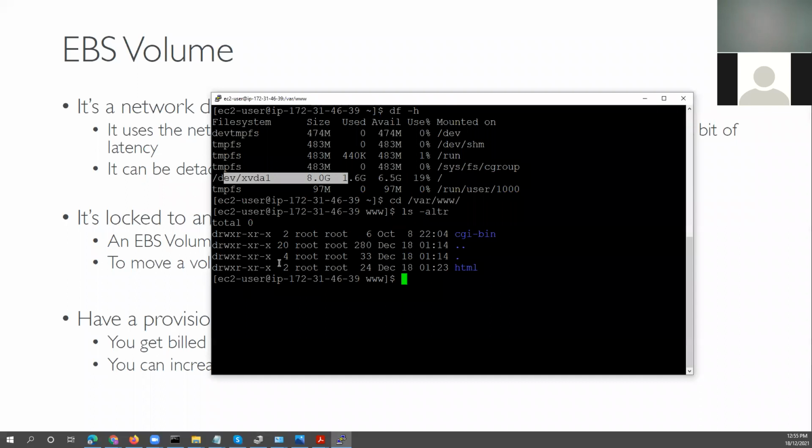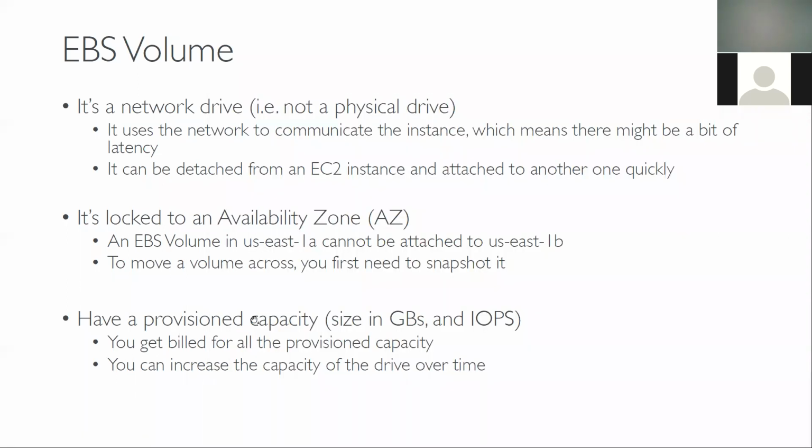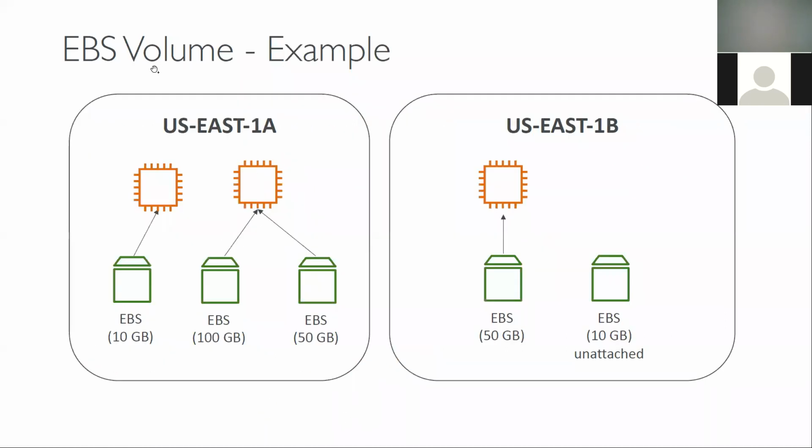So let's say if I expand this one, gusto ko 20 gig, may bill na yan. You can increase the capacity. So example, EBS mo 10 gig, nasa 1A. Hindi ko pwede lipat dito. Pero if they're on the same availability zone, pwede ko i-detach and attach ko dito sa ibang EC2. Pwede ko i-increase from 50 to 100.